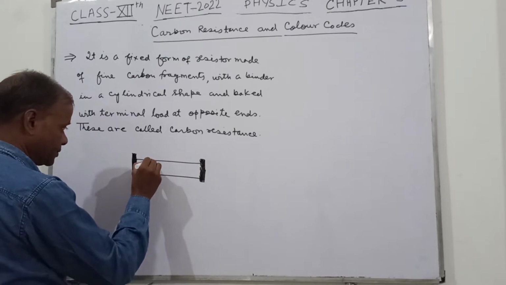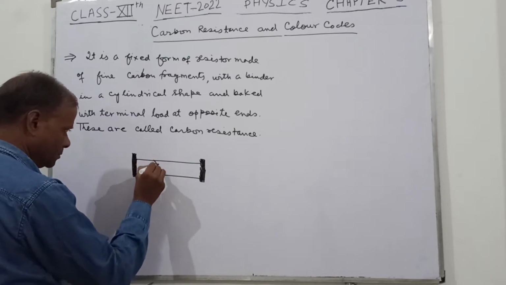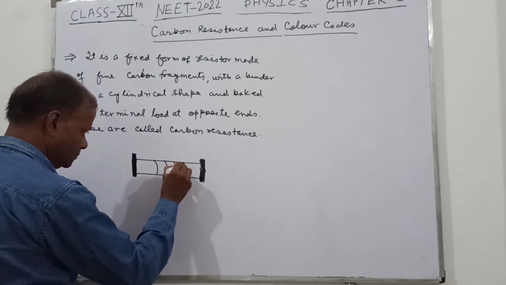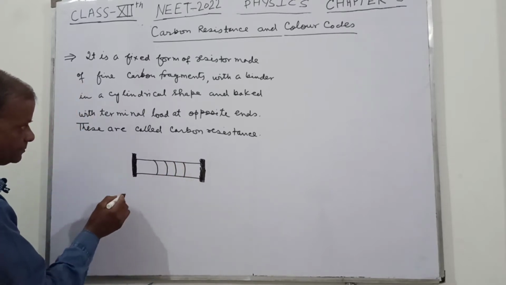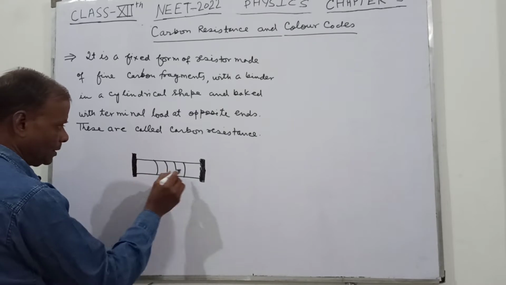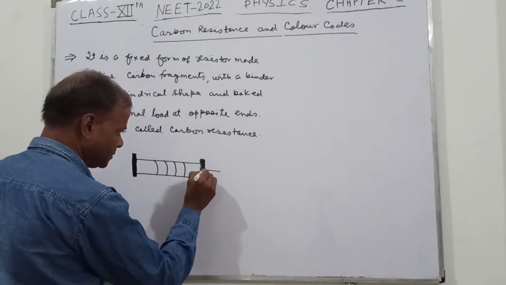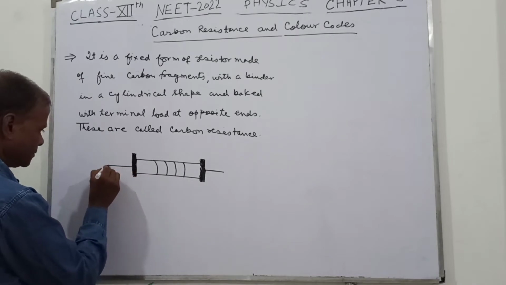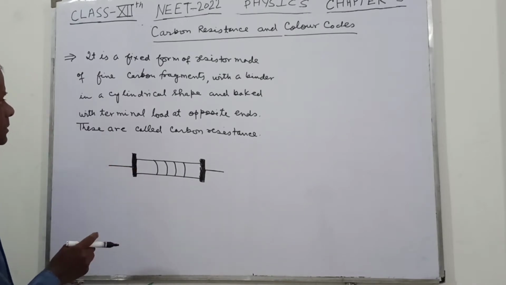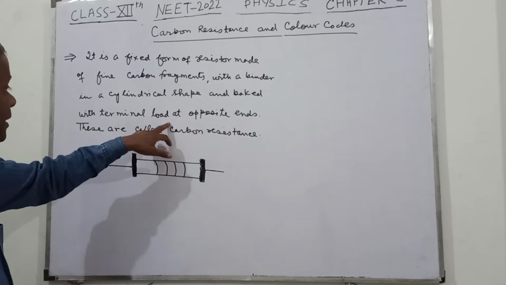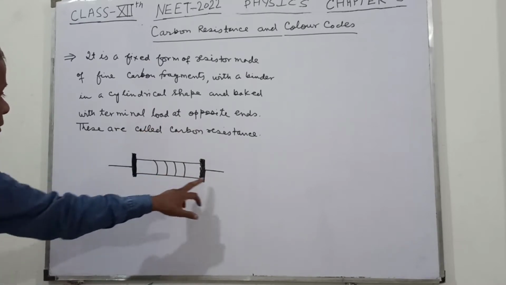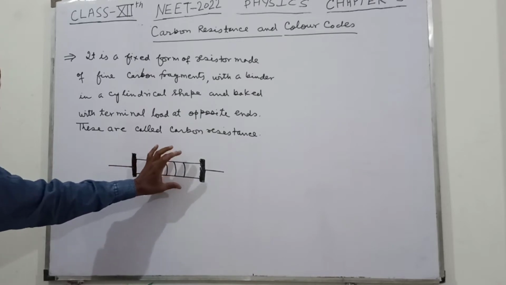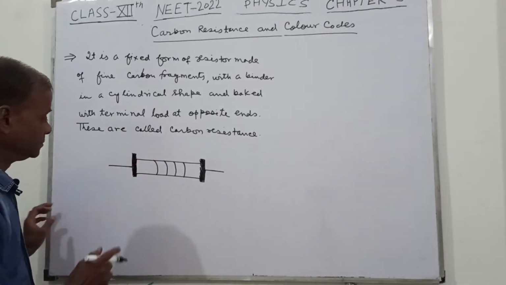These are the rings, and this is the connecting wires. This is the connection, what we have as the terminal rod. These are called the terminal rod. These are the colored rings.